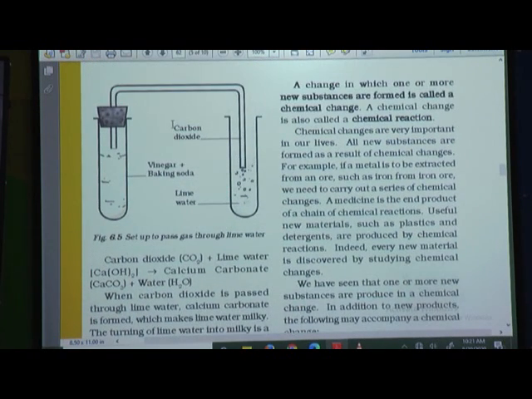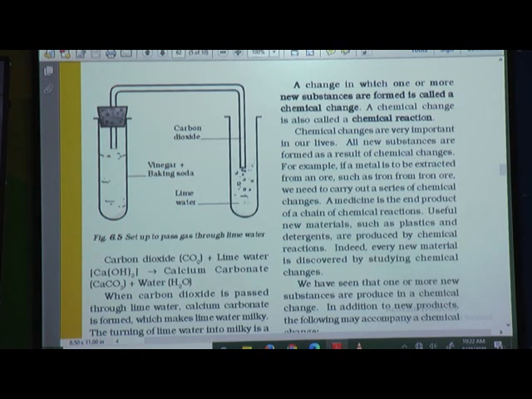So what happens here exactly, you can see these two test tubes here, and one test tube is filled with vinegar plus baking soda. This test tube is blocked with this wooden block. Why do we block this test tube with this wooden block?